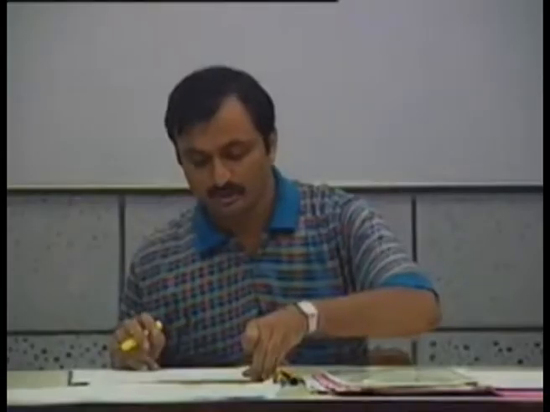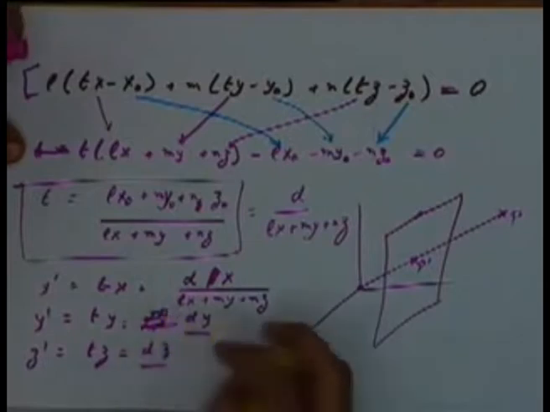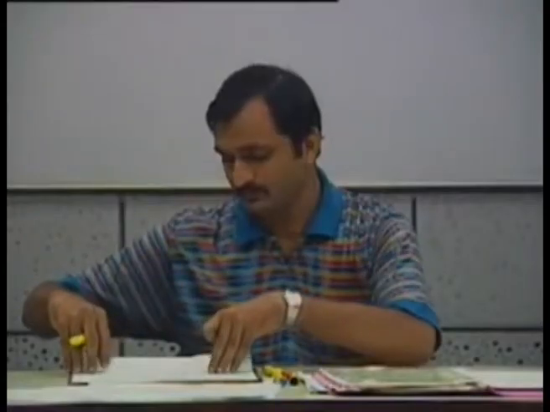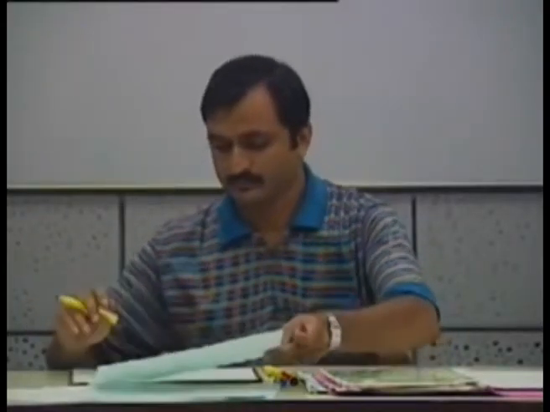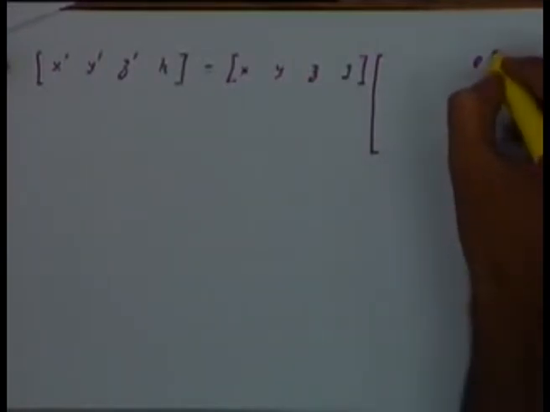Okay, so again we will take this complete term into the homogeneous coordinate. To get this term in the homogeneous coordinate, we will say L M N 0.